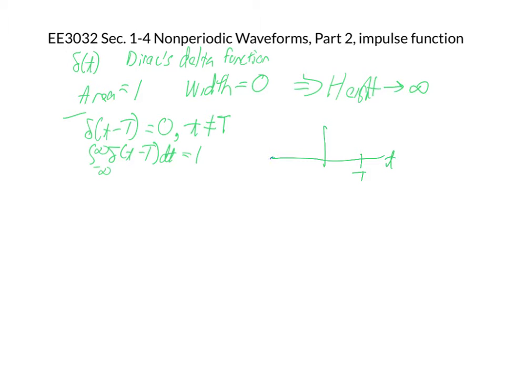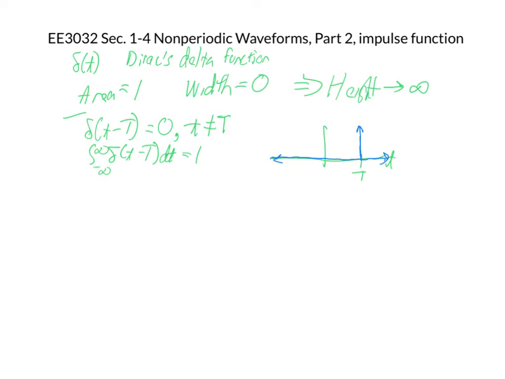If I sketch the delta function, it's 0 almost everywhere. Then I get to t, it goes up to a special type of infinity. It diverges in a particular way at the value t, but then immediately after, it goes back to 0. And it does this infinitely in both directions.